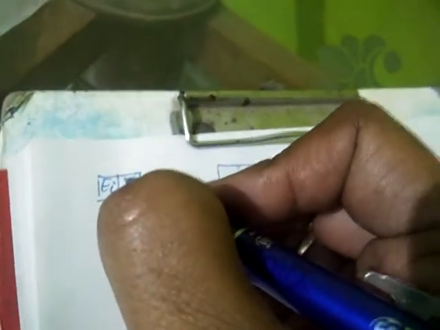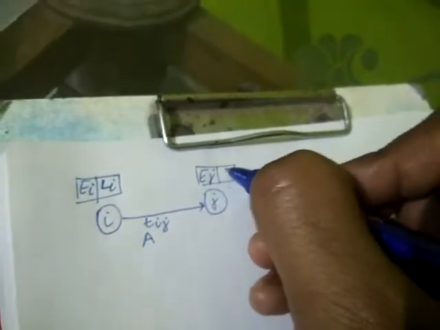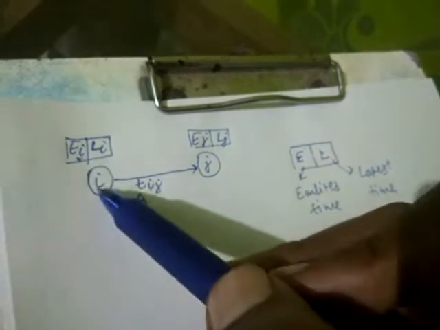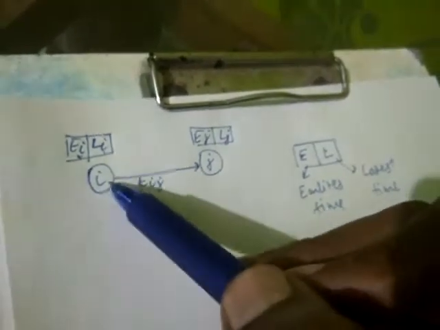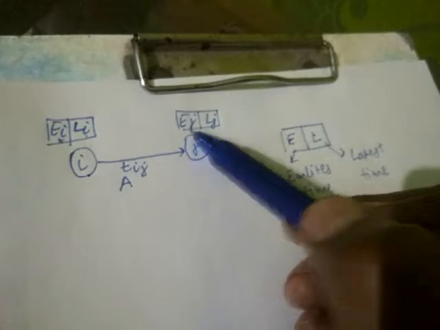So for example, this will be ei, this will be li, this will be ej, this will be lj. It means the earliest start time of I and the latest start time of I. This is the earliest finish time.